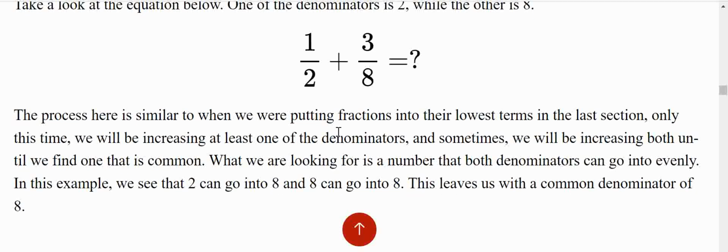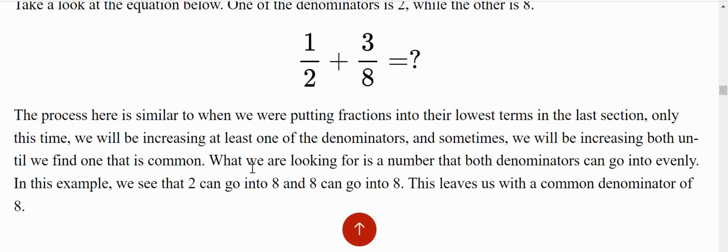The process here is similar to when we were putting fractions into their lowest terms in the last section, only this time, we will be increasing at least one of the denominators, and sometimes we will be increasing both until we find one that is common.